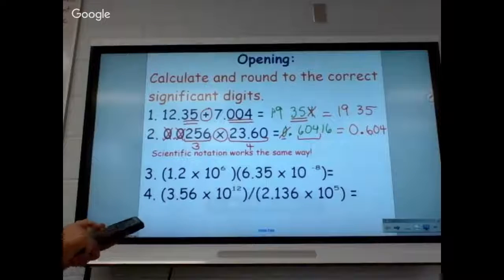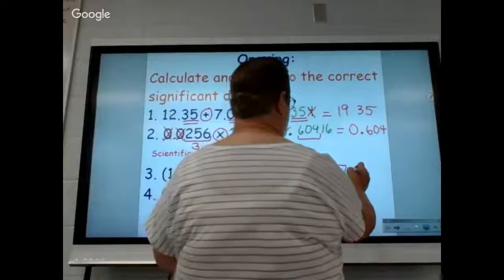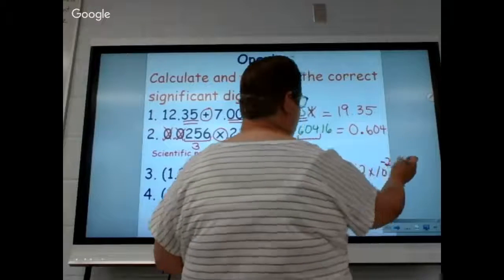Now, looking at the 2 that are in scientific notation, we do the exact same way. We punch them in scientific notation, 1.2 EE 6 times 6.35 EE -8. Leave the answer in scientific notation. So 7.62 times 10 to the -2nd.